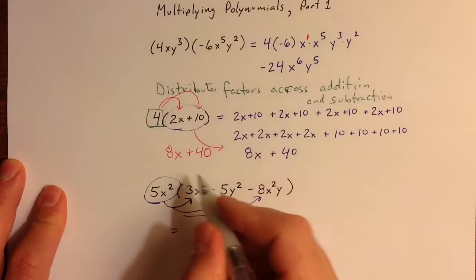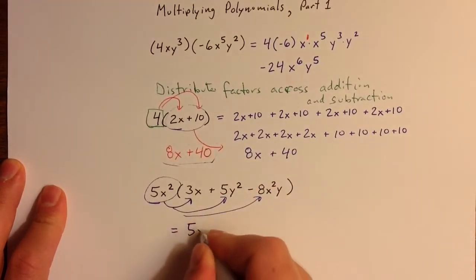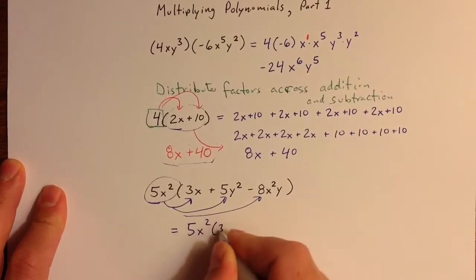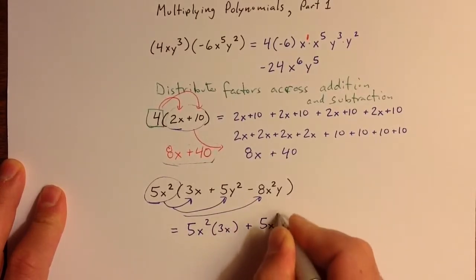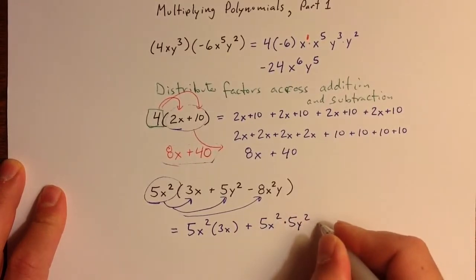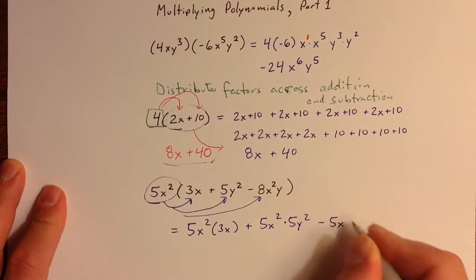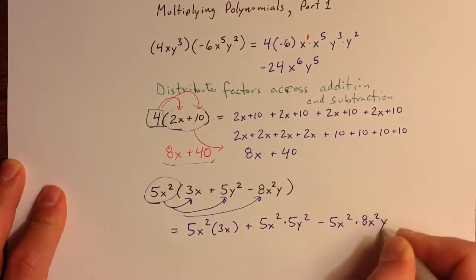So we can simply do the distributive part, and I can multiply 5x squared times 3x, times 5y squared, and times -8x squared y.